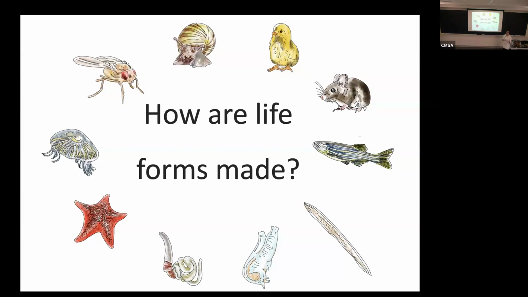And one of the things that biologists interested in this ask themselves is, how are all these different life forms made, right? There are many different ways in which you can approach this question and try to answer it. The evolutionary biologist focuses on genomes and genetic sequences, and in a way sees these different forms as an expression of genetic information.